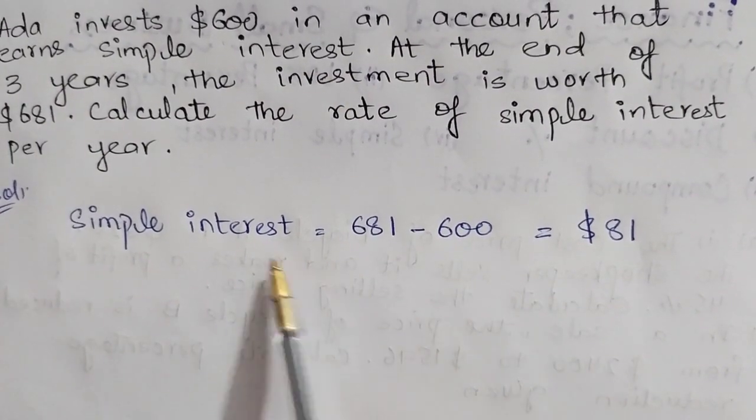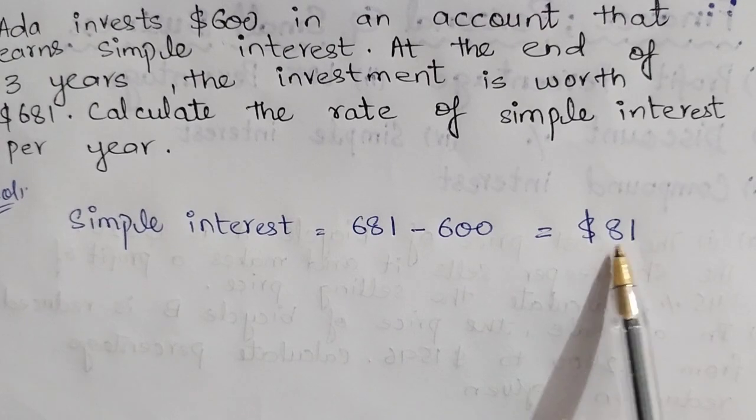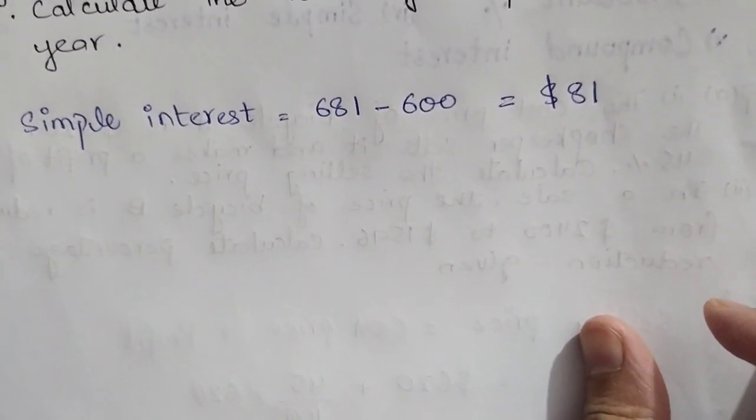So we have to find the actual amount of simple interest. You have to subtract 600 from 681, so we get the actual amount of interest, which is $81. Now, what is the formula to calculate interest?